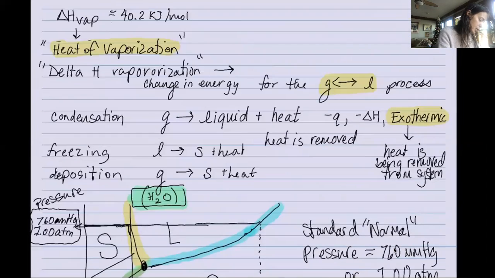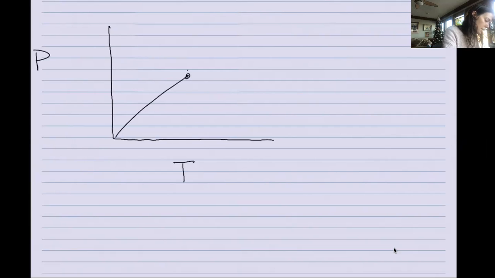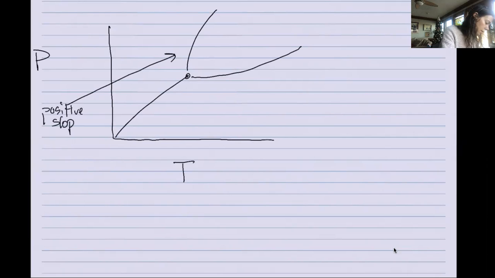If I was to draw one of these for another substance that was not liquid water, my temperature's here, my pressure's here, I would see this, and what I would have here is a positive slope. And therefore, this is not a phase graph for water.